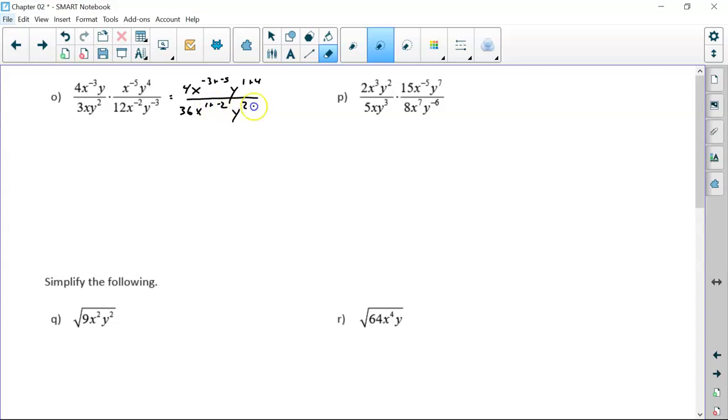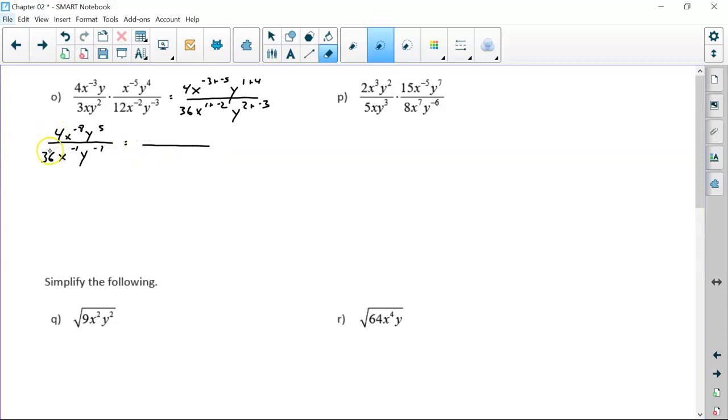And for the y's, 2 plus -3. So it gives us 4x to the -8th, y to the 5th, over 36, x to the -1st, y to the -1st.